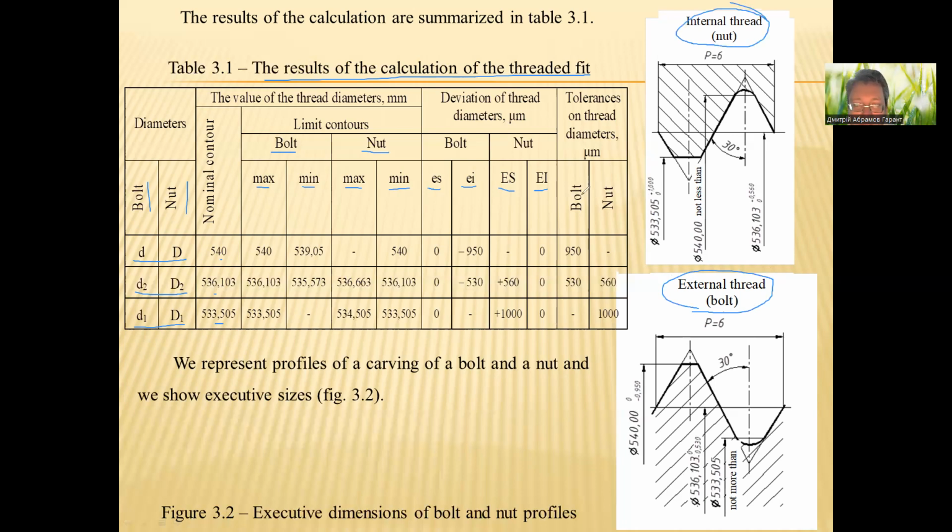Write down in your notes these two schemes and this table. Then use your variant of initial data and repeat all these formulas for your initial data.